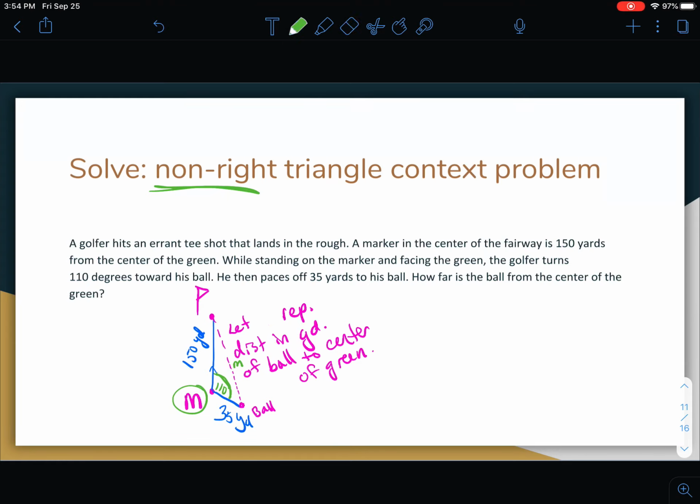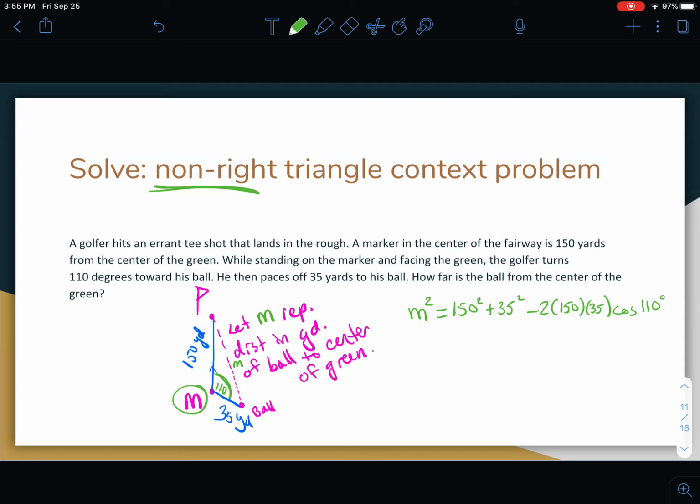So let m represent the distance in yards. We would have m squared equals 150 squared plus 35 squared minus 2 times 150 times 35 times the cosine of 110 degrees, making sure that you are in degrees.